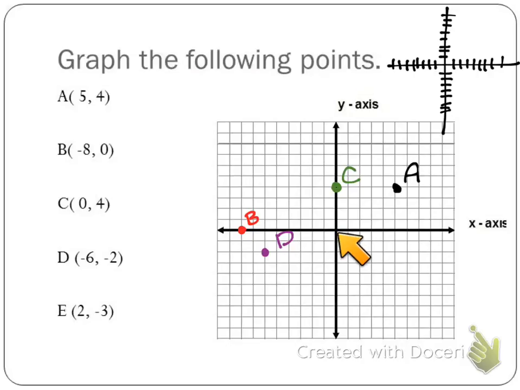So again, you always start at 0, 0. That's our origin. And where do I go? Right 2. 1, 2, 3, down 3. What are your questions on this?